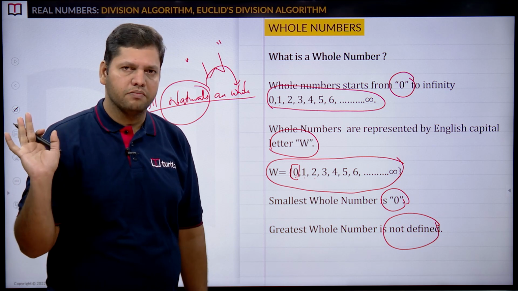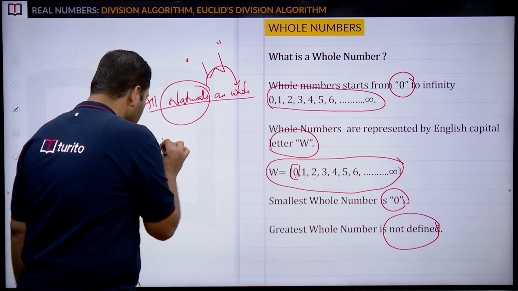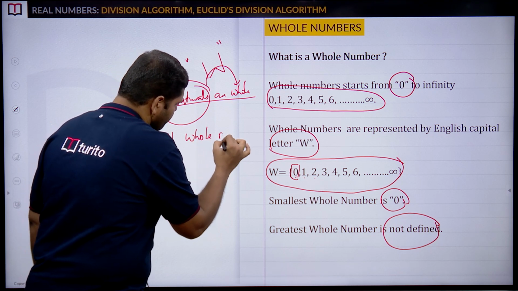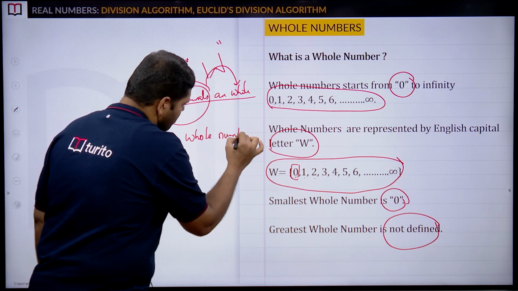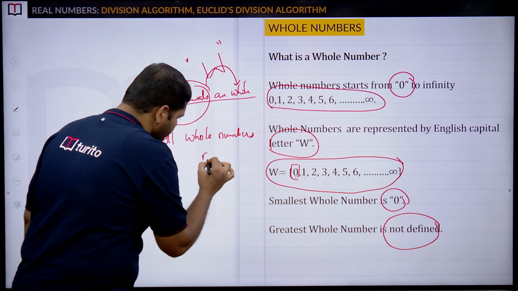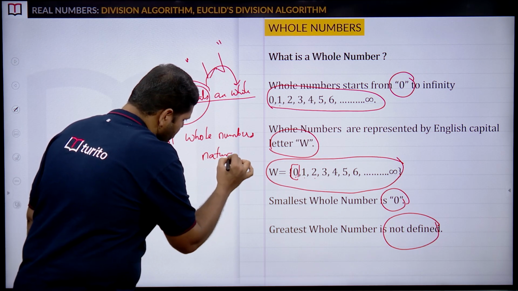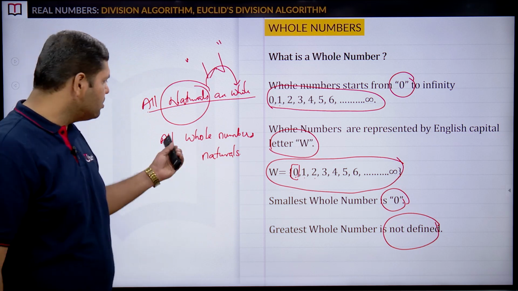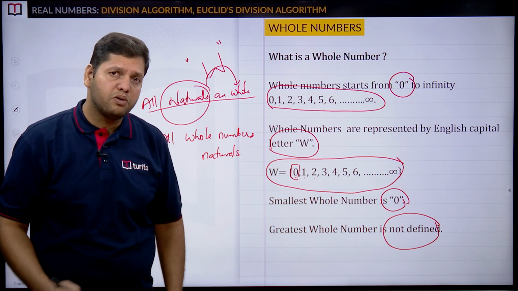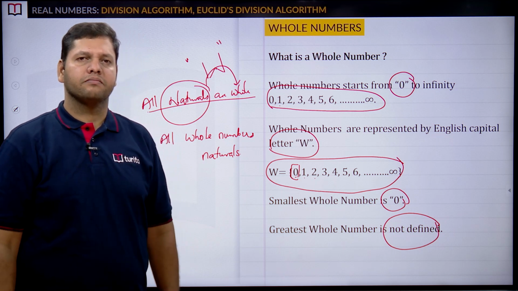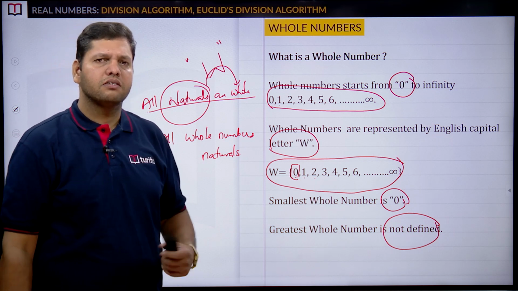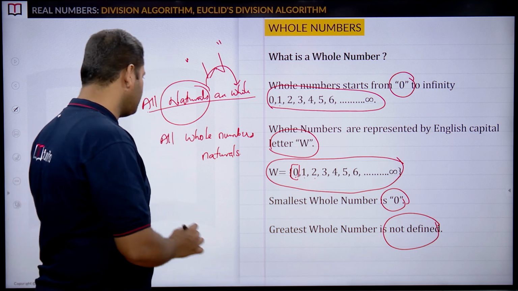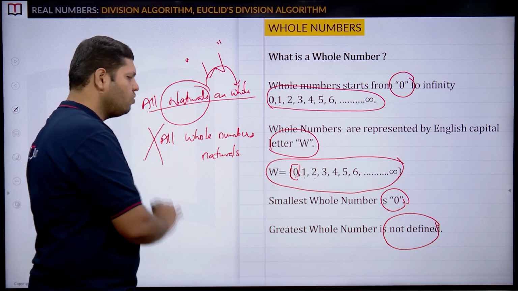Now, can we say all the whole numbers are natural numbers? Think once. Can we say or can't we say? We cannot say, because of 0.